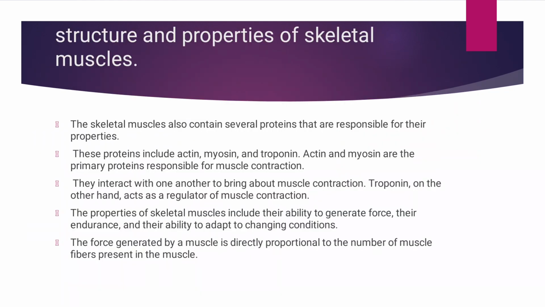The skeletal muscle also contains several proteins, mainly actin, myosin and troponin. Actin and myosin are the primary proteins that are mainly responsible for muscle contraction.